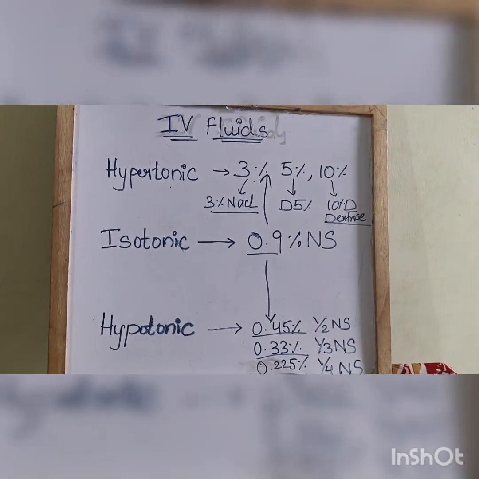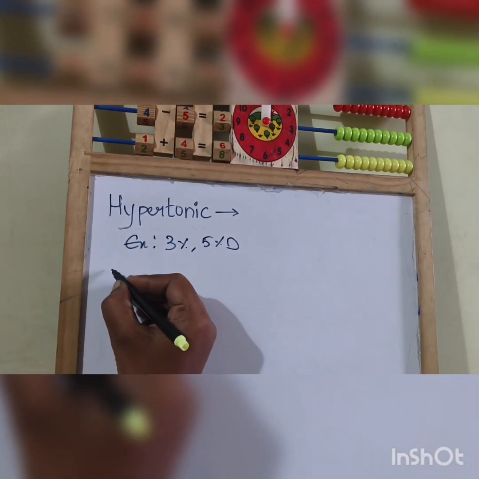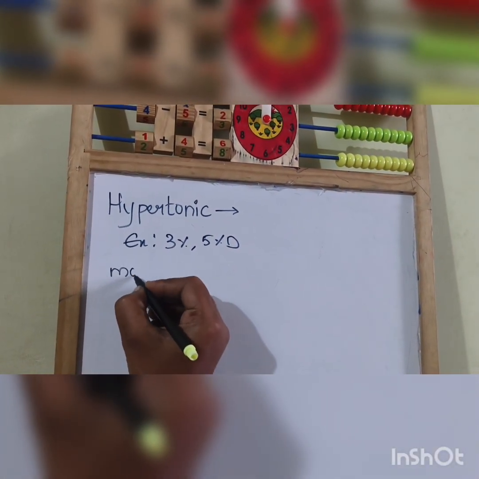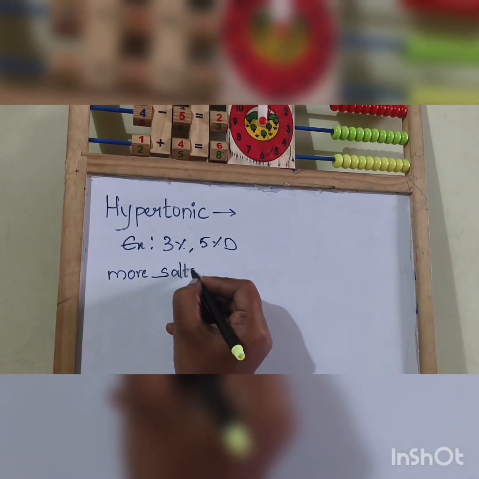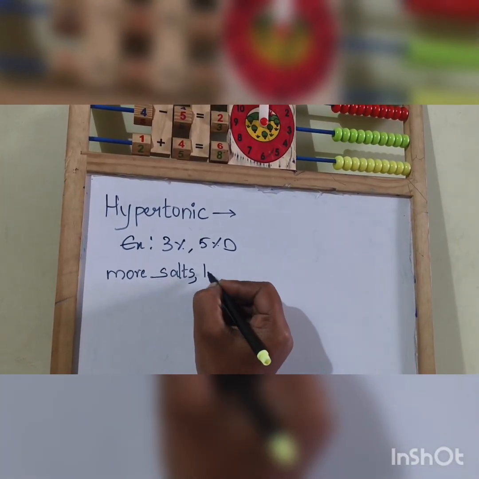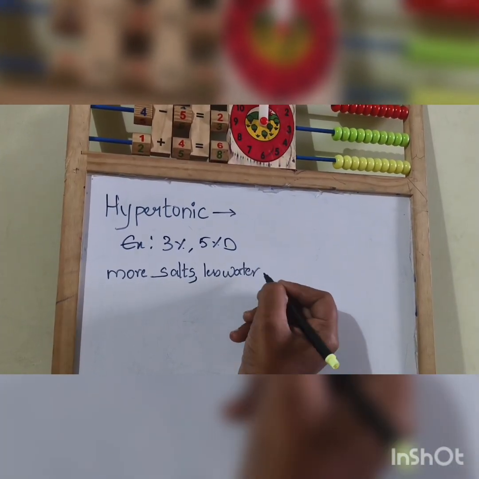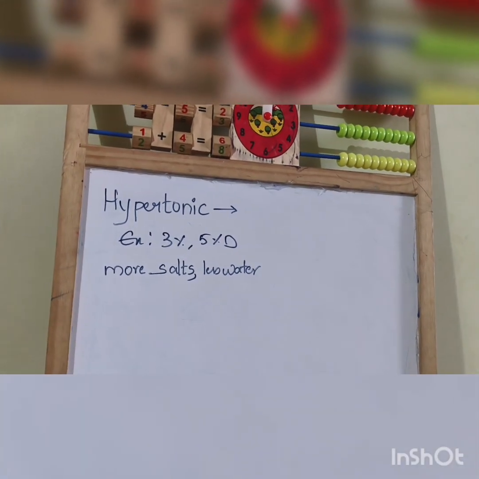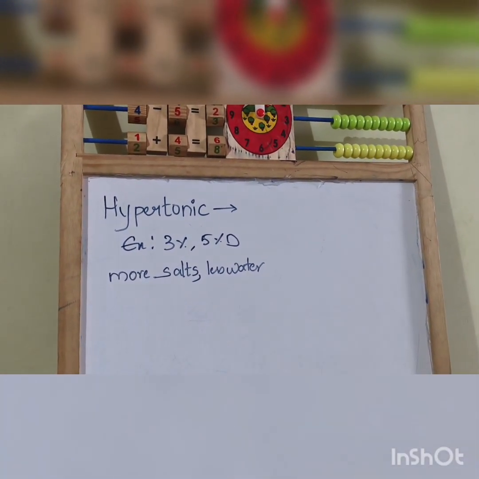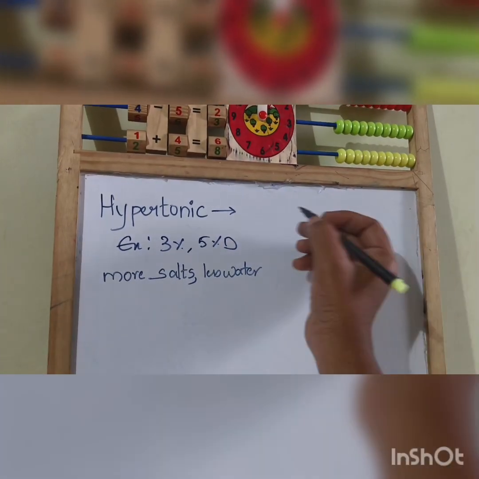Next we will see hypertonic in detail. If we give a hypertonic solution to a patient, what will happen inside the body? In a hypertonic solution there are more salts and less water, which is why the concentration is higher.